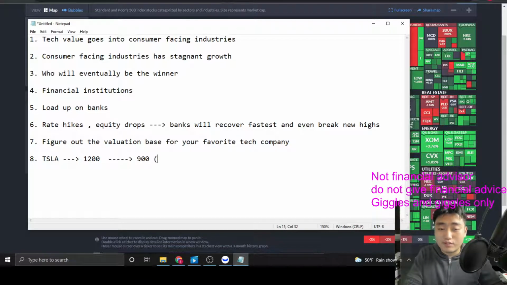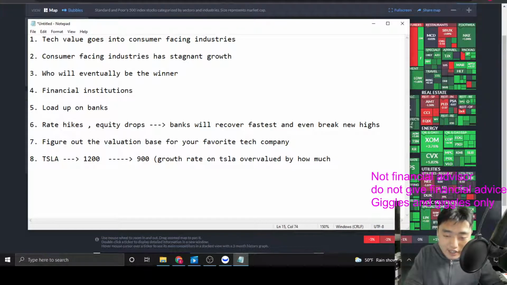Is the implied growth rate on Tesla overvalued? If it is, then by how much? And by understanding that, you will understand by the end of each incremental correction of 2022 when will be the best time for you to buy back in Tesla. Does that make sense? All right.